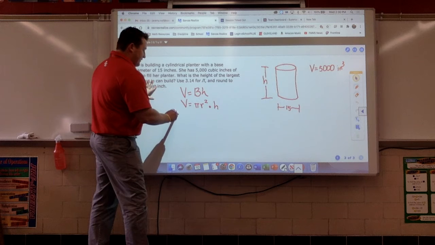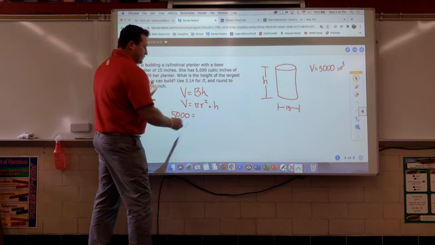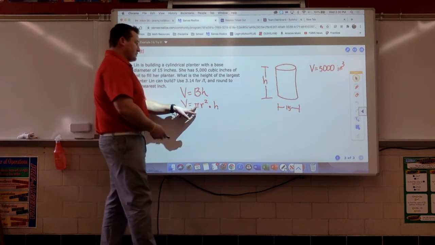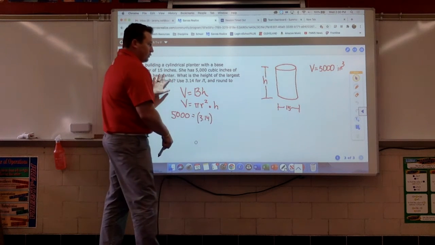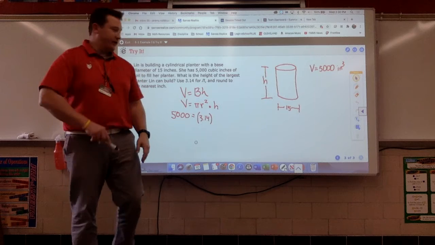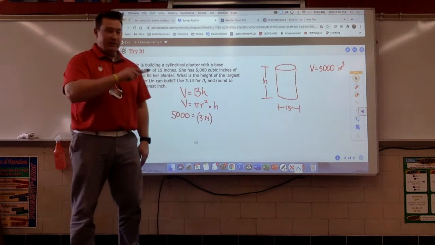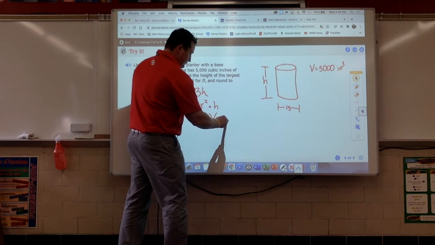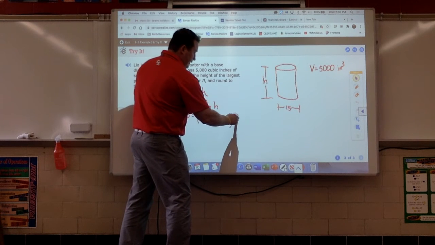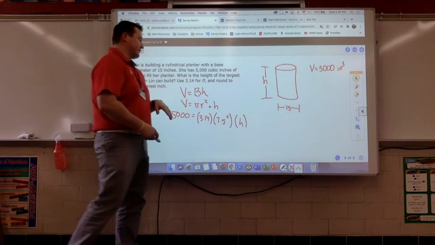That means I'm going to know the first 3. She has 5,000 cubic inches of soil. Pi, what number should I use for pi? Well, it says use 3.14. What number should we use for the radius? Be careful here. I would say 15, and I would be wrong, right? Our radius is 7.5. Okay? Multiply that by the height.